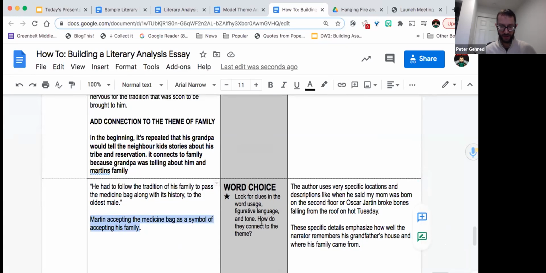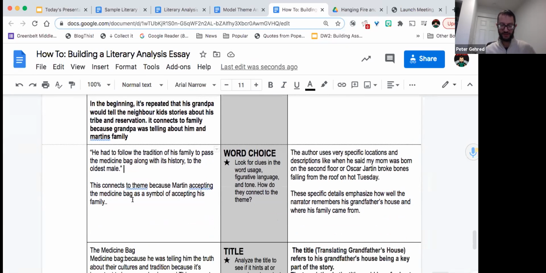And remember, how do they connect to the theme? You would always say this connects to the theme because. You don't need to write this when you're doing it. I'm just showing clearly how this second part is the reasoning. So we have the evidence, we have the reasoning.